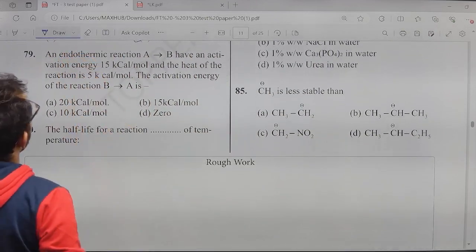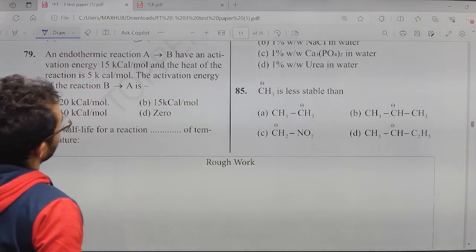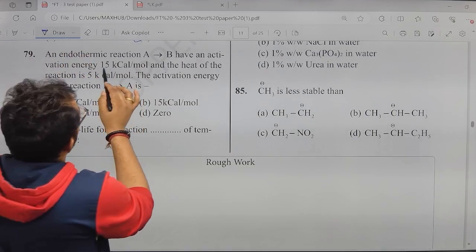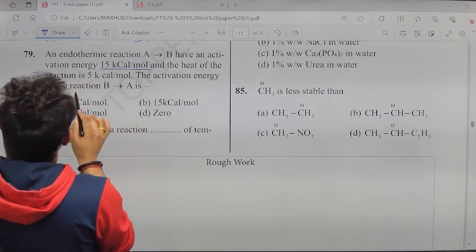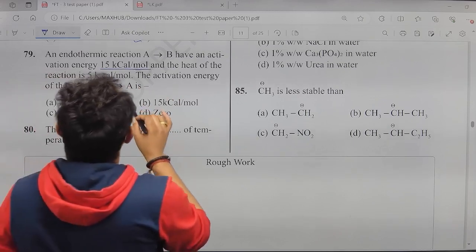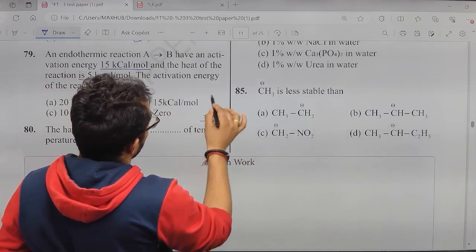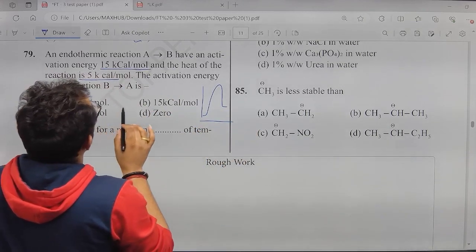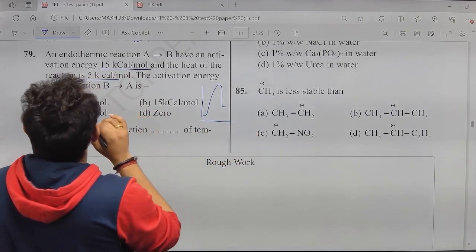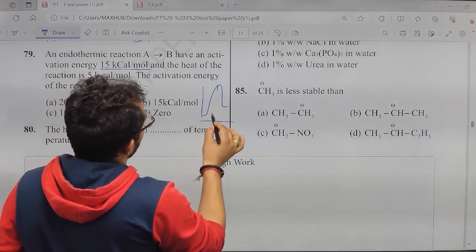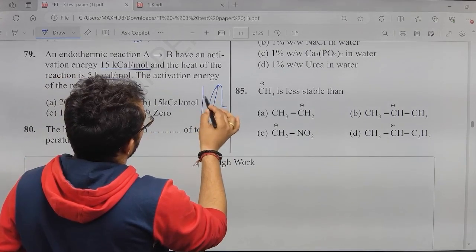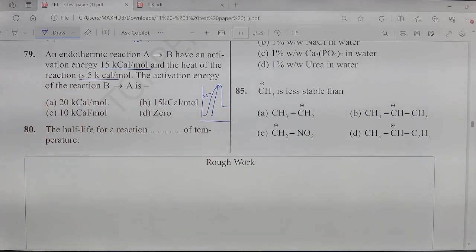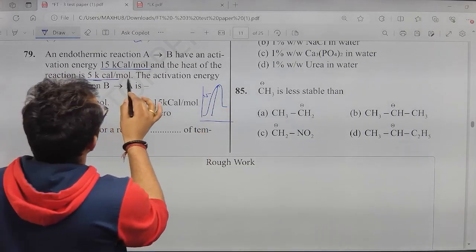Now, an endothermic reaction A plus A gives B has an activation energy of 15 kilocalorie and the heat of reaction is 5 kilocalorie.